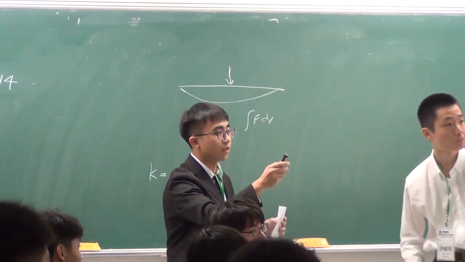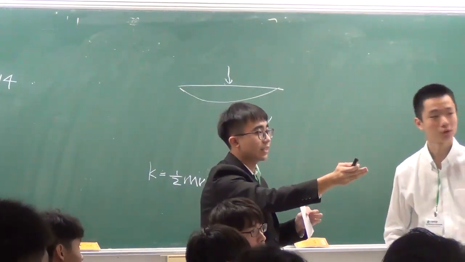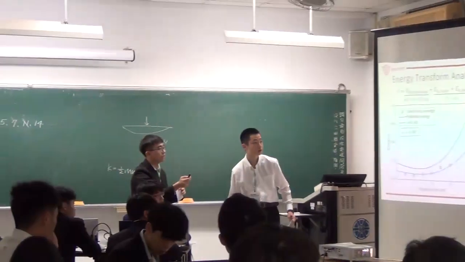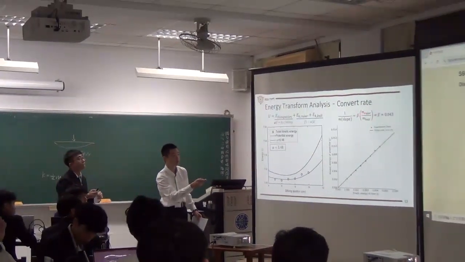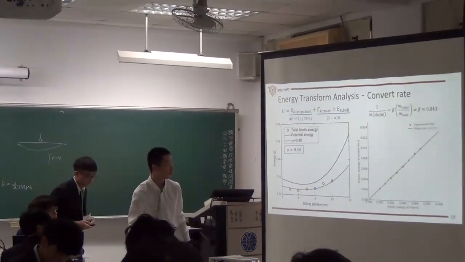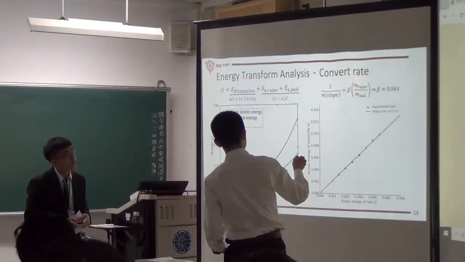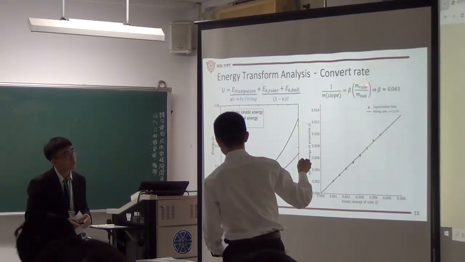As you can see, the y-axis represents the kinetic energy of the projectile, and the x-axis represents the kinetic energy of the ruler. So this part should be mv squared. Can you refresh it? So you write that here. Yes, maybe this part should be corrected with mv squared.